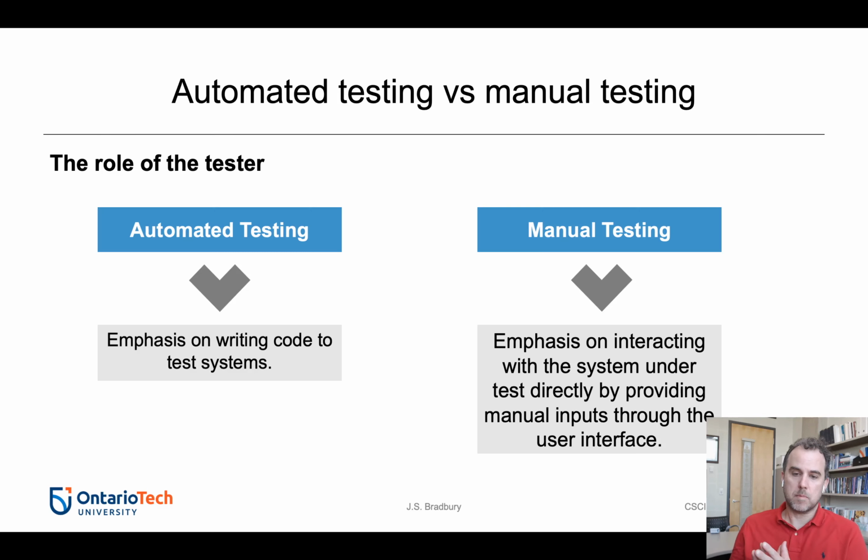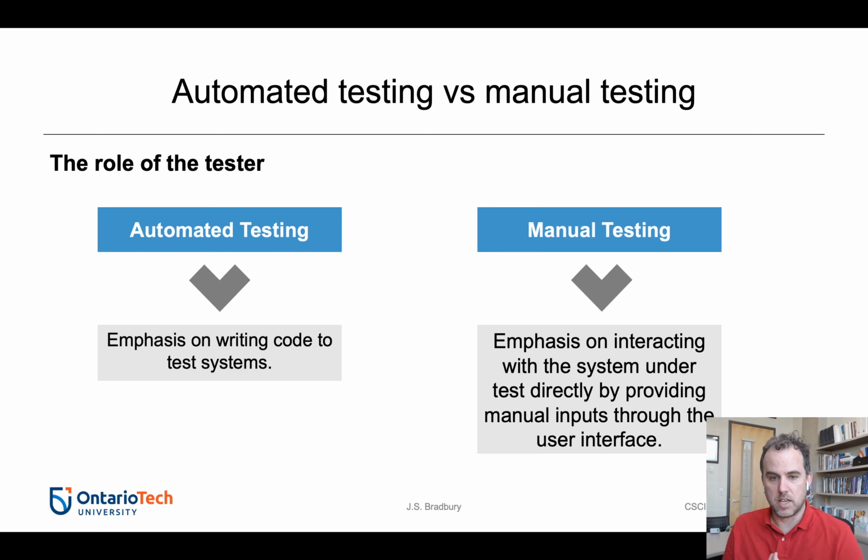So when I talk about automated testing, I'm really talking about an emphasis on writing code to test the system, right? That's what we're really doing. So automated testers often have to create or build very robust test harnesses, test frameworks that allow you to run a whole lot of tests really fast and get really good summaries of results.